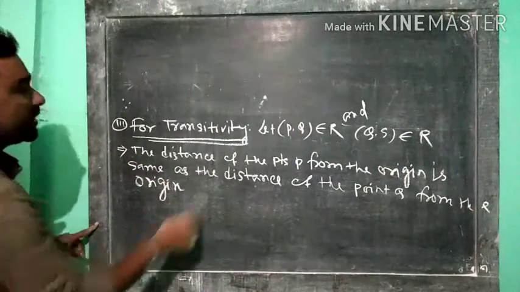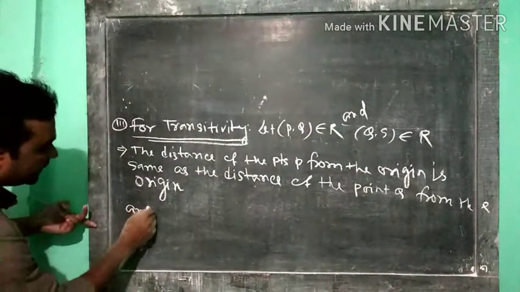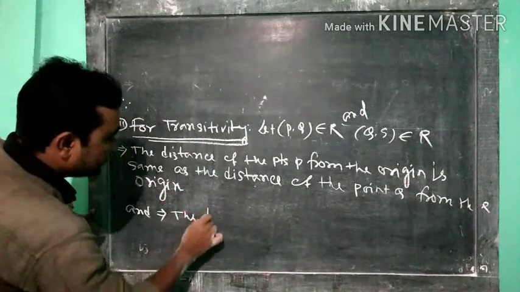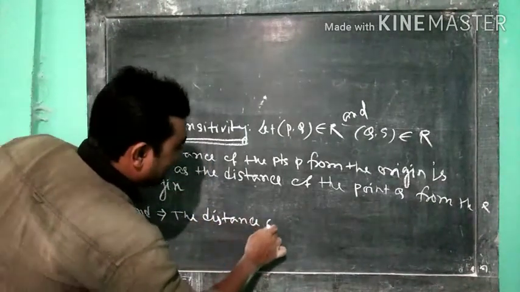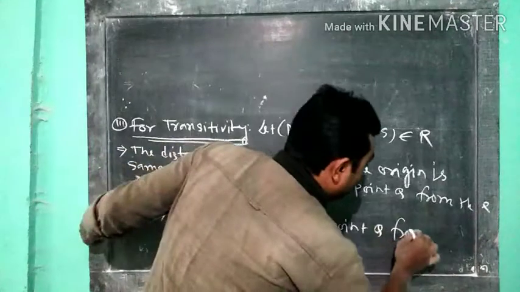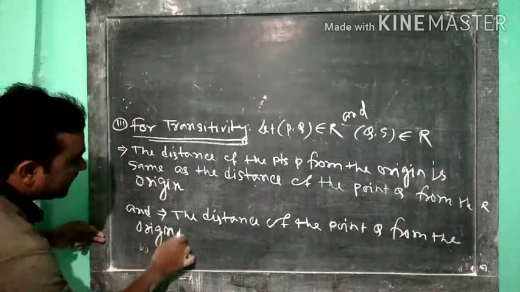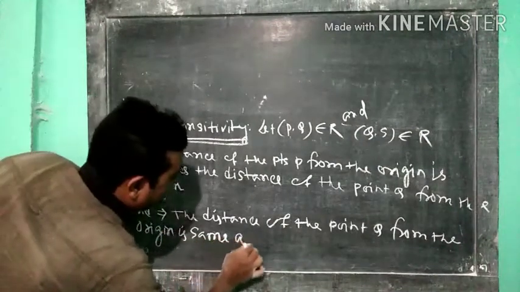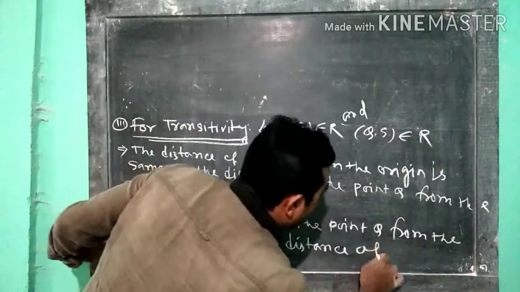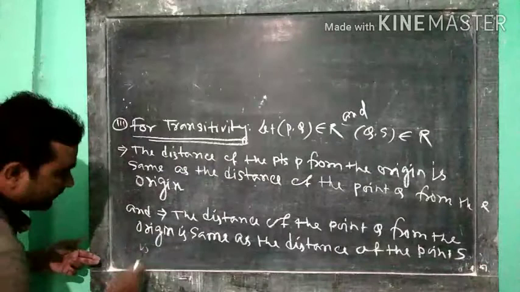Similarly, in this relation also, we can write that implies the distance of the point Q from the origin is same as the distance of the point S from the origin.